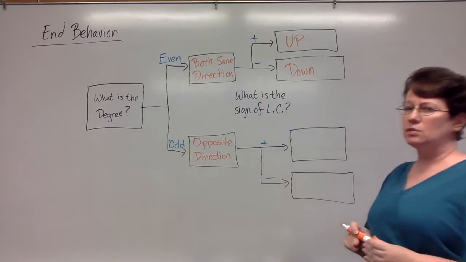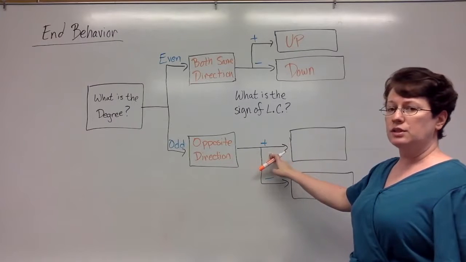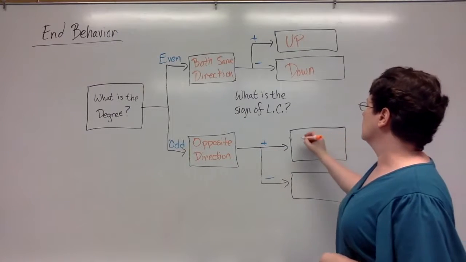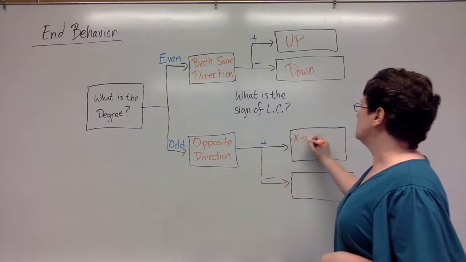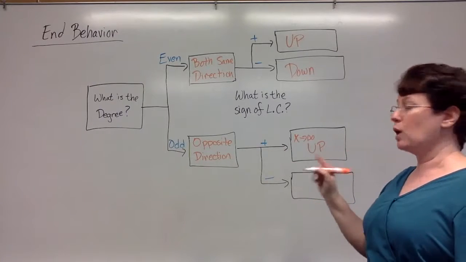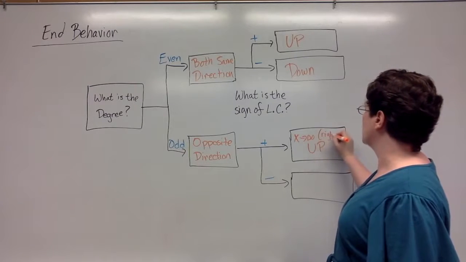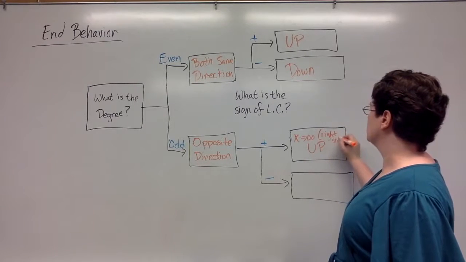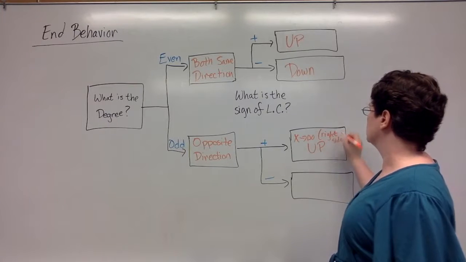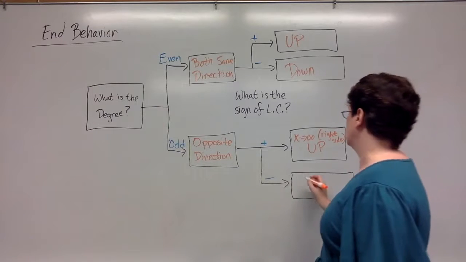Now the opposite direction ones are a little tricky, right? So if it's positive, then x going to infinity goes up. So the right side goes up. If it's negative, the right side goes down.